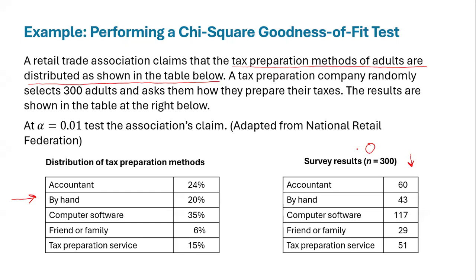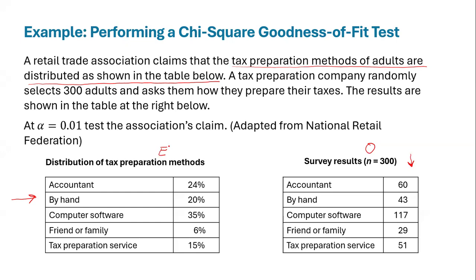So when we have a result from a survey and a result from the previous study, and we want a hypothesis test to test the association's claim, it means we want to see if the observed frequency fits the expected frequency. Do they agree with each other? So that's a goodness of fit test.